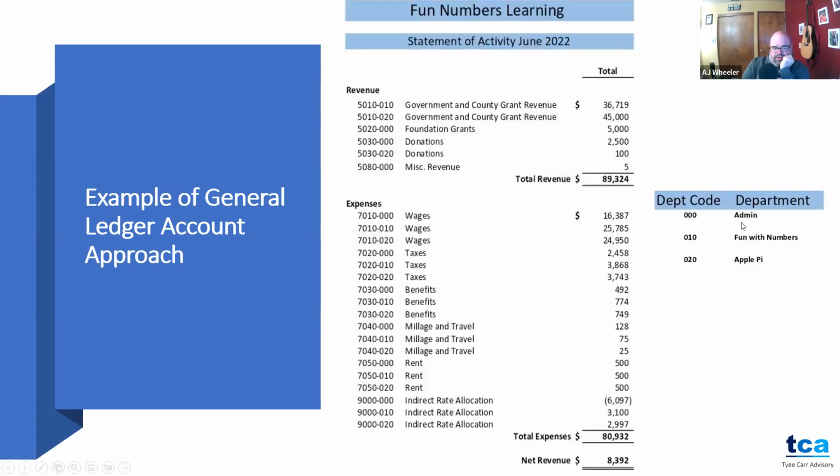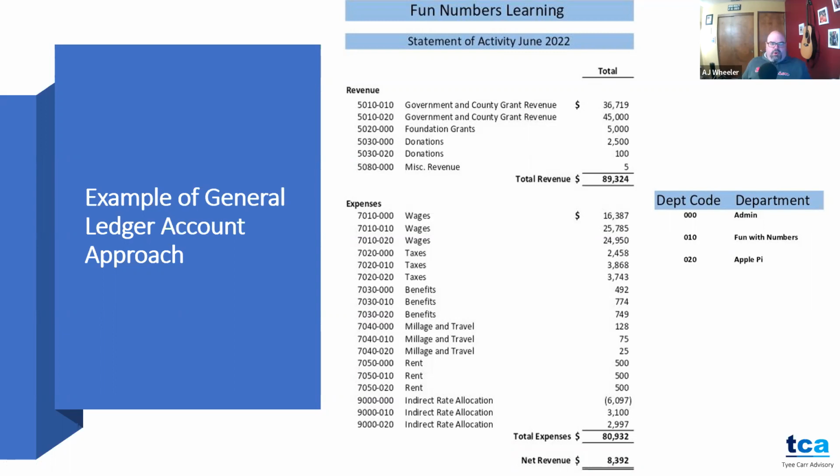So here is the map key: if it has 000 after it, that's administrative. If it has 010, that's Fun with Numbers, and 020 is Apple Pie. This approach gets a little unwieldy if you report all of them. In fact, I had to truncate this profit and loss so it would fit on the slide. I couldn't even get all of my expenses in there.